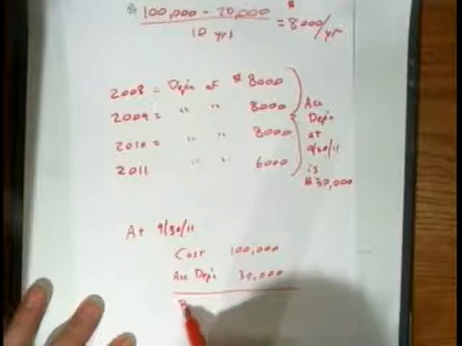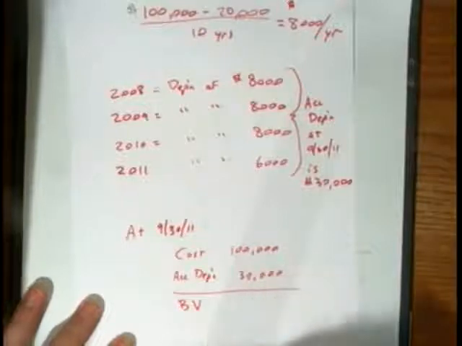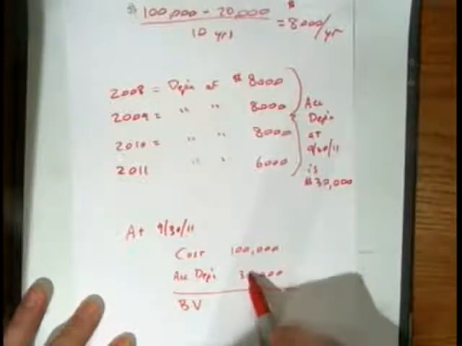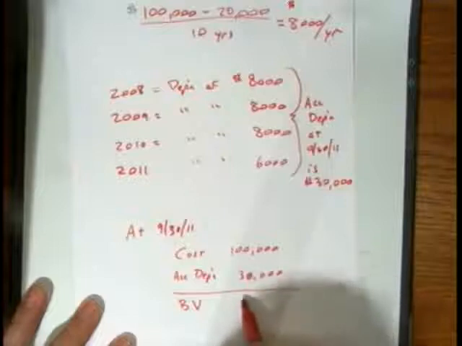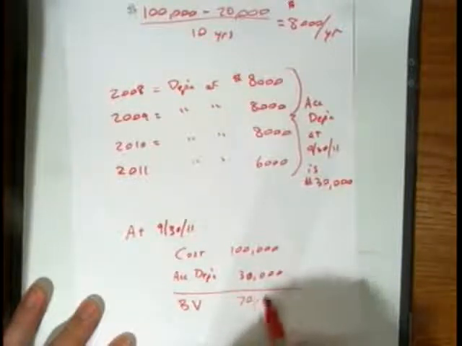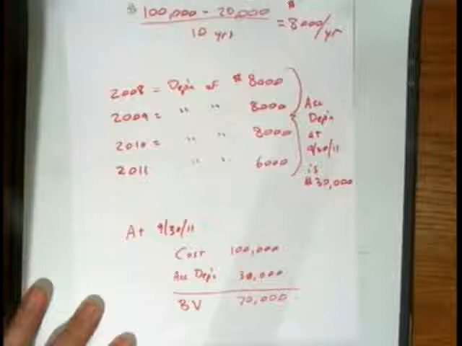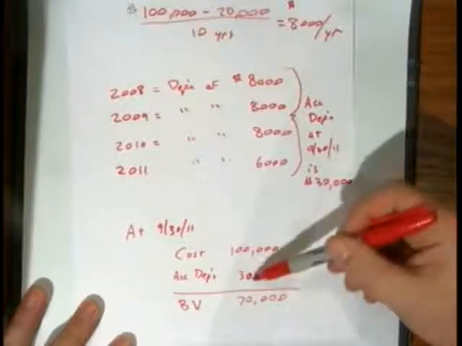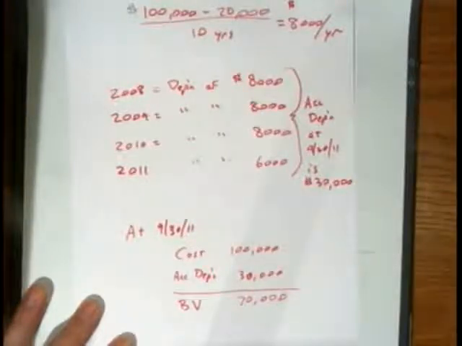So that means our book value, which is cost minus accumulated depreciation, is $70,000. You with me? That looks a little weird, doesn't it? Okay. So that's where we are at this point right now.